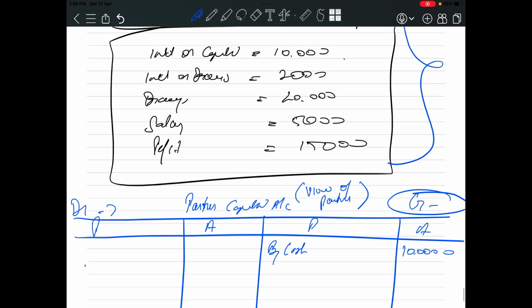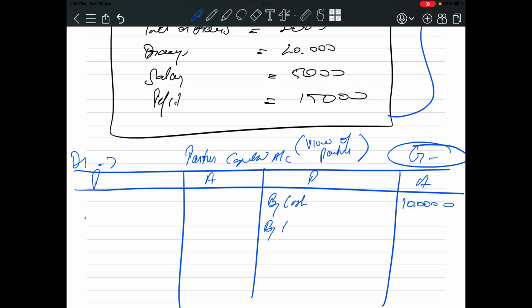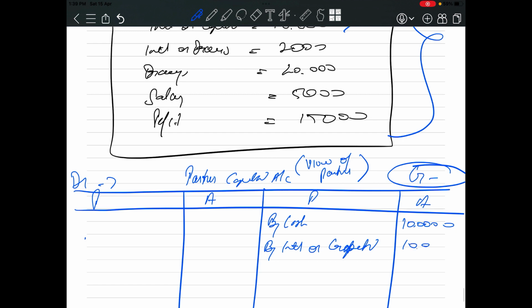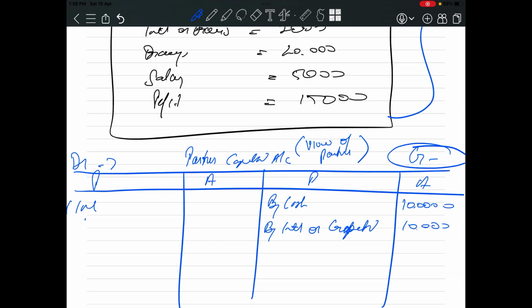Now he has got interest on capital. Interest on capital is a gain for the partner, so it will be written on the credit side. Interest on capital, 10,000. Interest on drawings is a loss, so interest on drawings.